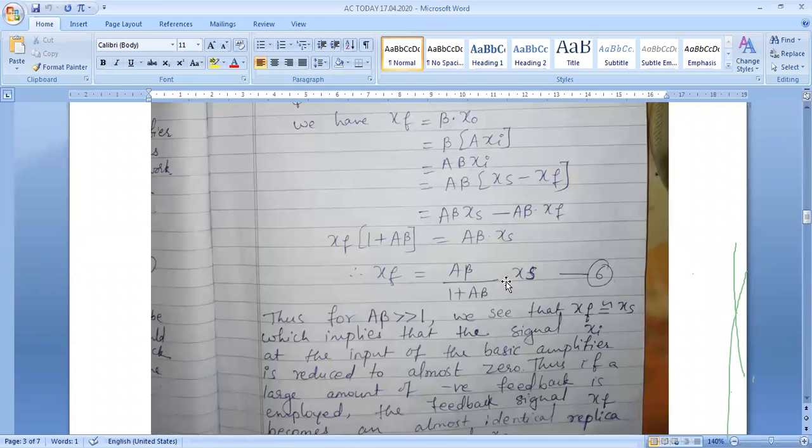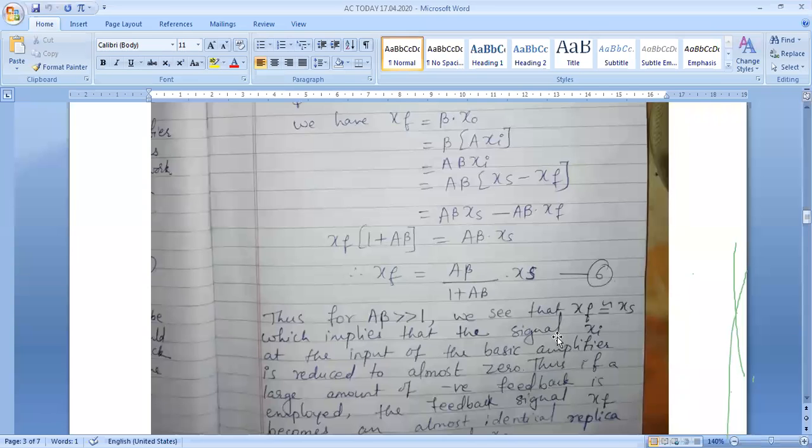Now in this equation also, suppose A beta is much larger than 1. So what we see here is XF is nearly equal to XS, correct? A beta divided by A beta gets cancelled, so XF is nearly equal to XS.